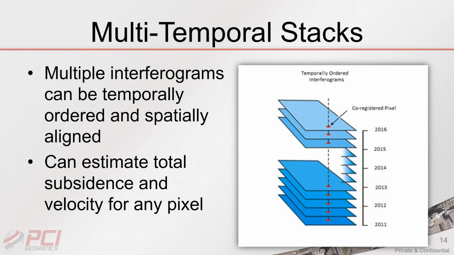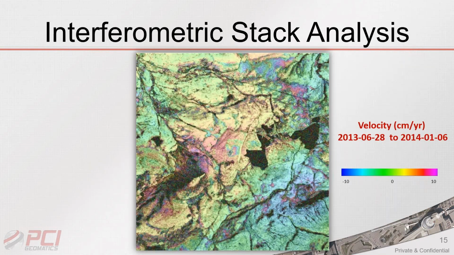These are all aspects of the PCI desktop suite and provide the inputs for this stack analysis. Looking at the image here, you can see an example of the velocity of change over a 6-month period from a stack of images. This is an example of the type of imagery that you can produce.